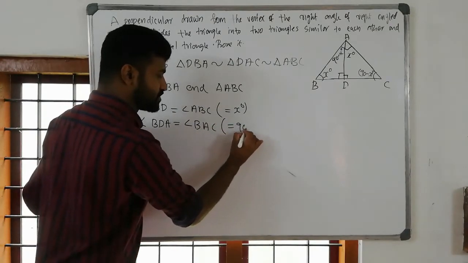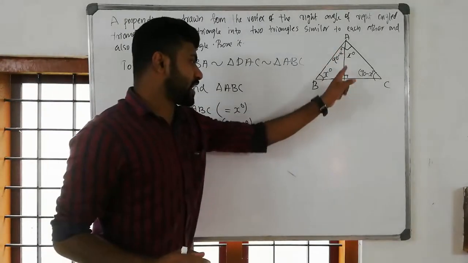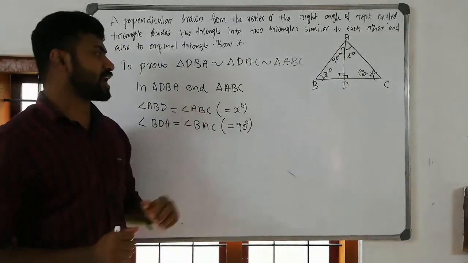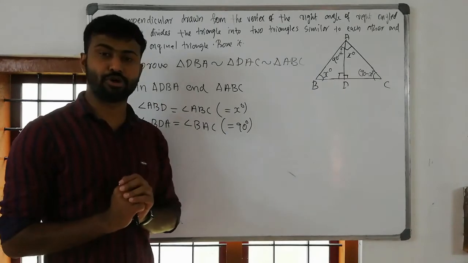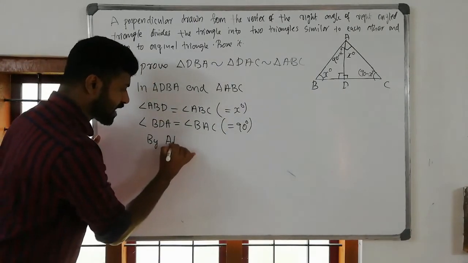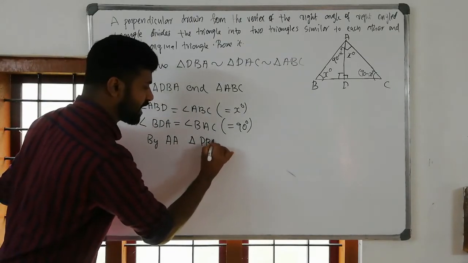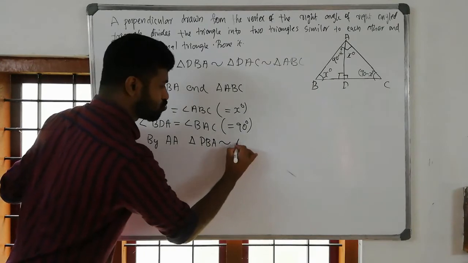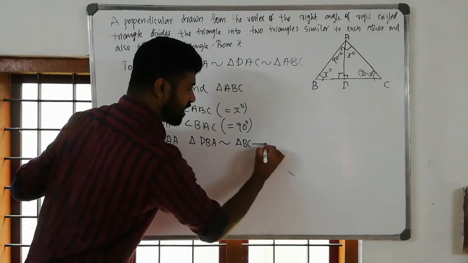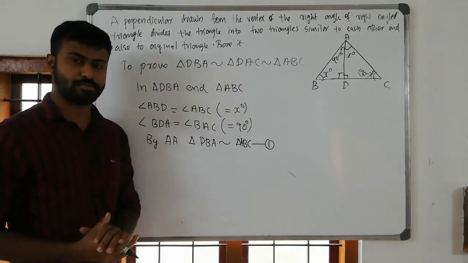Both the angles are equal to 90 degree. Now, in triangle DBA and triangle ABC, two of the corresponding angles are equal. So, by AA postulate, triangle DBA is similar to triangle ABC, and this is our condition 1.